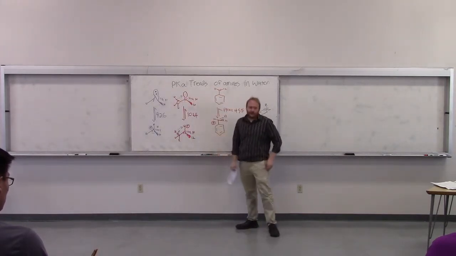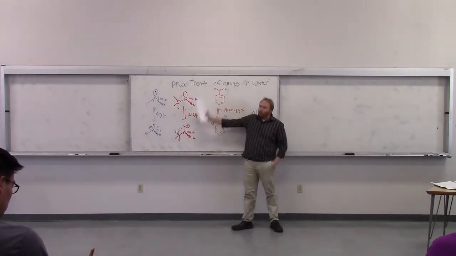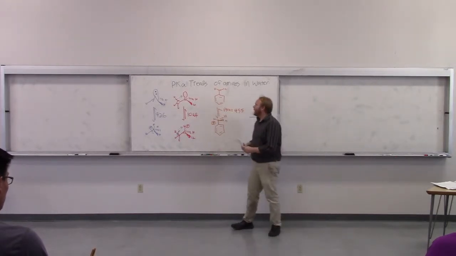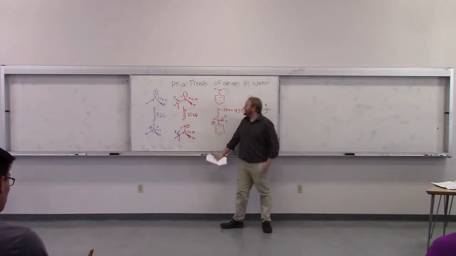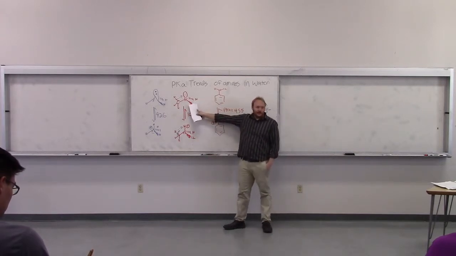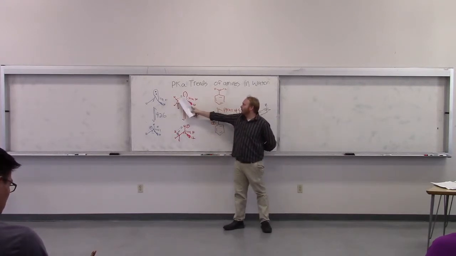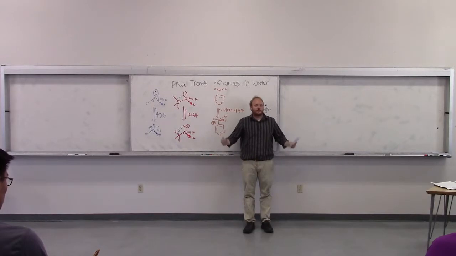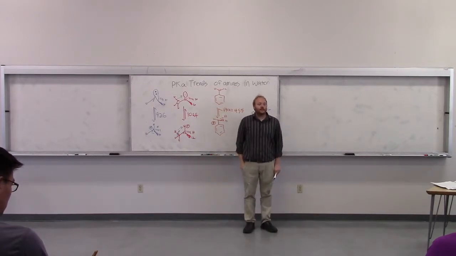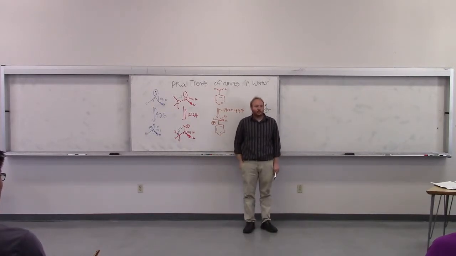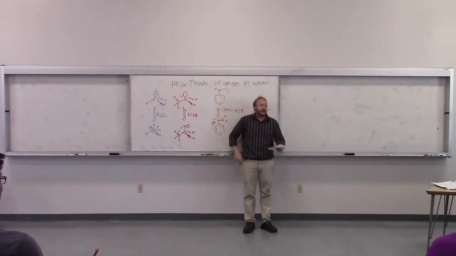The other way you can think about why more substituted amines are more basic, perhaps a little more simply: here's our amine, so this is the ammonium, this is the amine, and we can have, again, this hyperconjugation event putting more electron density towards the lone pair of electrons. What is putting more electron density towards those lone pair of electrons going to do to them? Stabilize or destabilize? Destabilize.